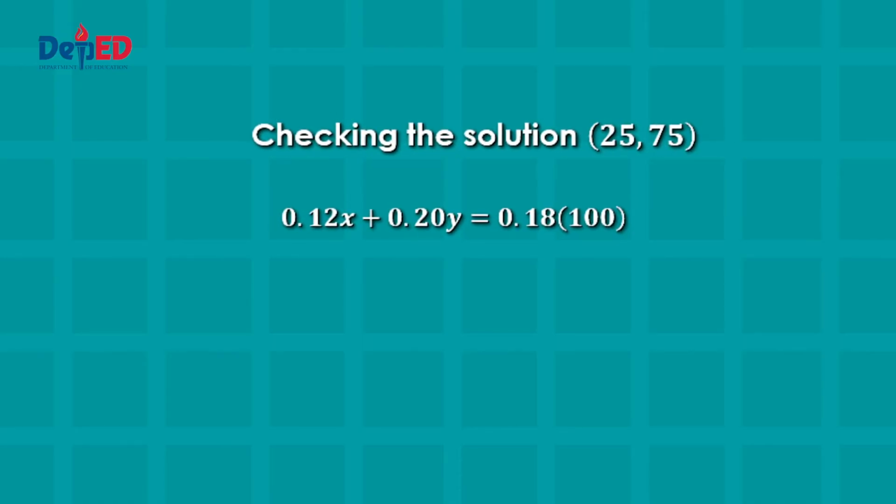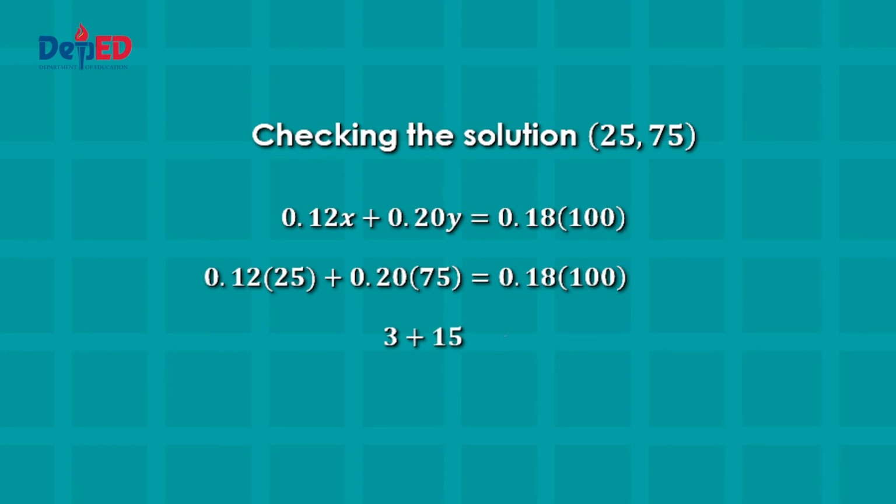So we will have 12% of 25 or 0.12 times 25 plus 20% of 75 or 0.20 times 75 equals 18% of 100 or 0.18 times 100. Can you check if they are equal? 12% of 25 is 3.